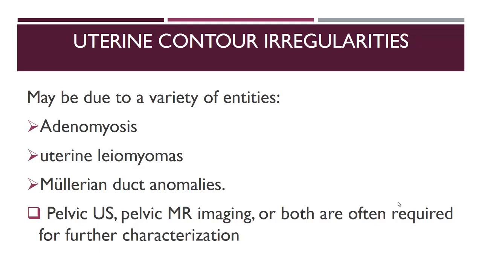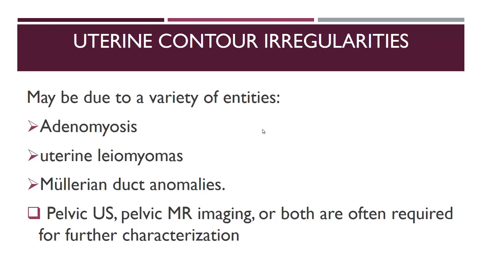Uterine contour irregularities. First of all, when you see the normal uterine cavity as we saw in the first lecture, it is triangular in shape. The fundus is either mildly convex or flat or mildly concave.